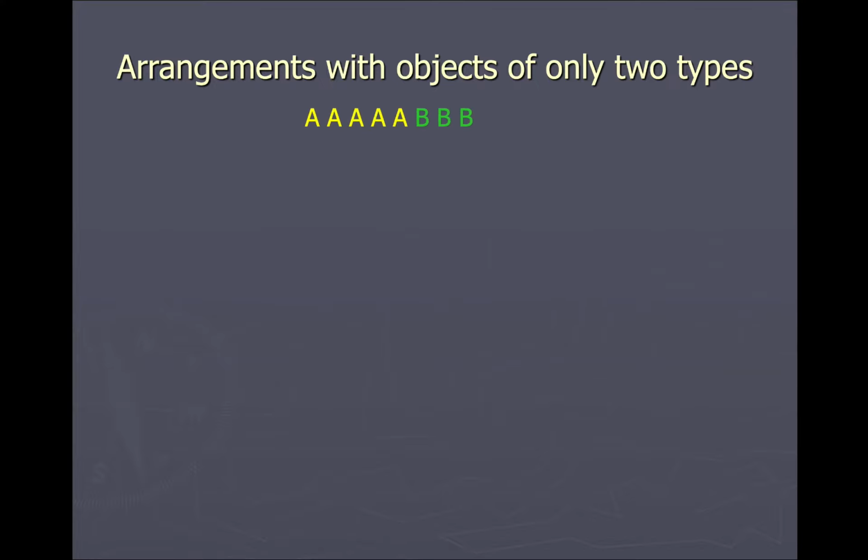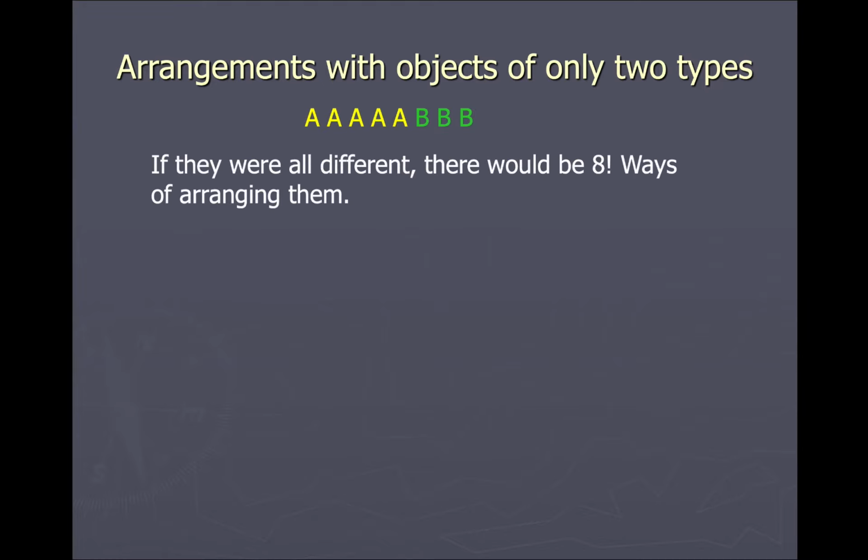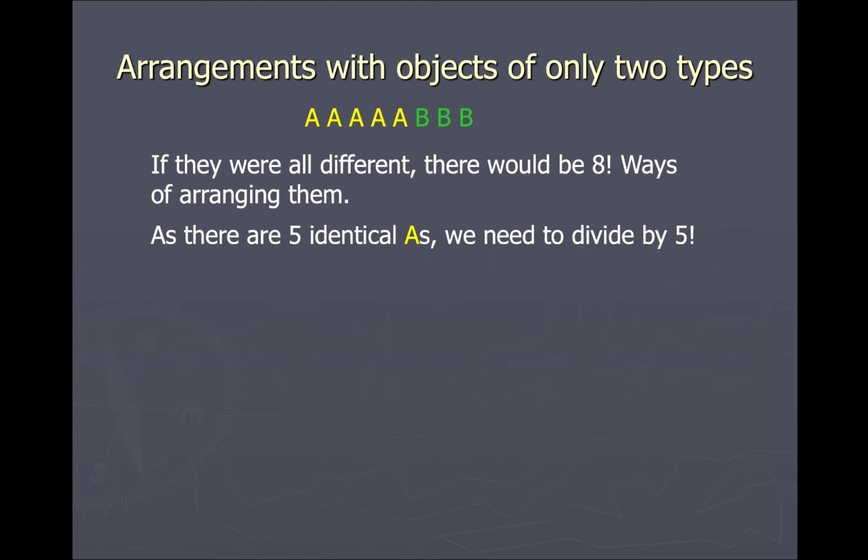So let's go back to 5 A's and 3 B's. If they were all different, there would be 8 factorial ways of arranging them: 8 times 7 times 6 times 5 times 4 times 3 times 2 times 1. As there are 5 identical A's, we need to divide by 5 factorial.